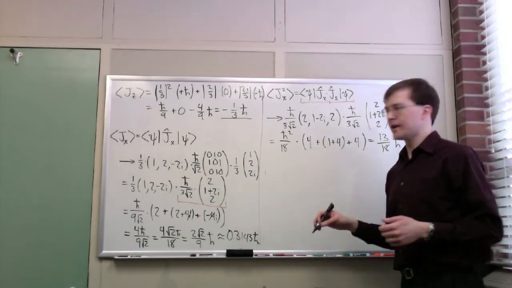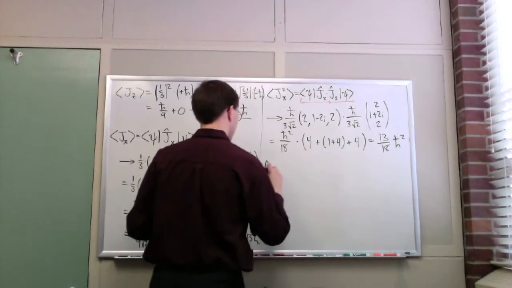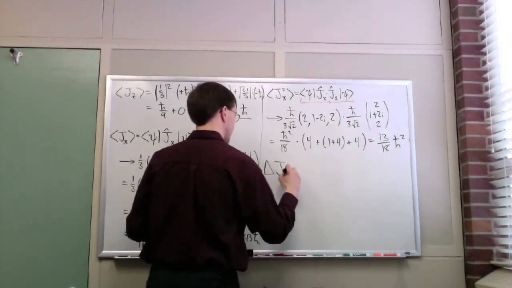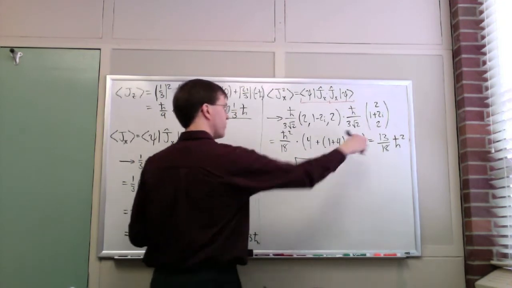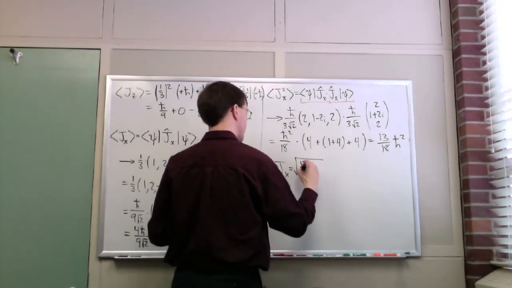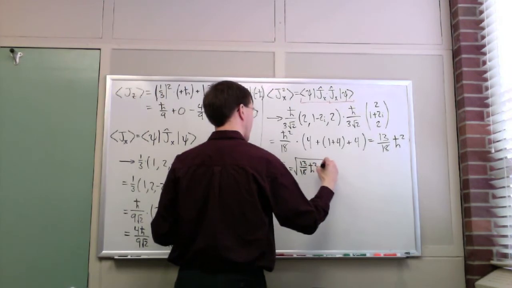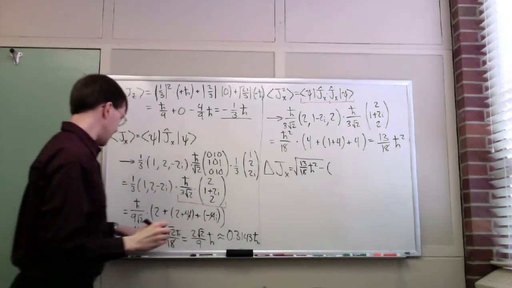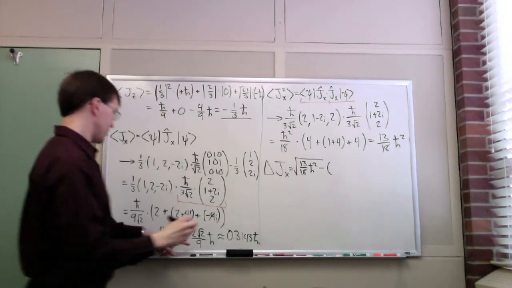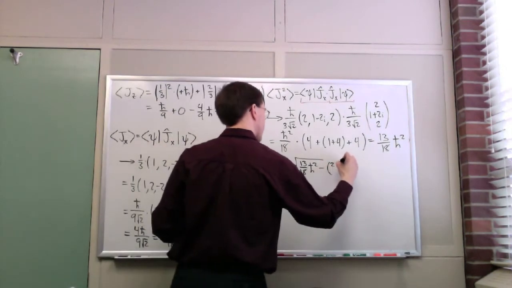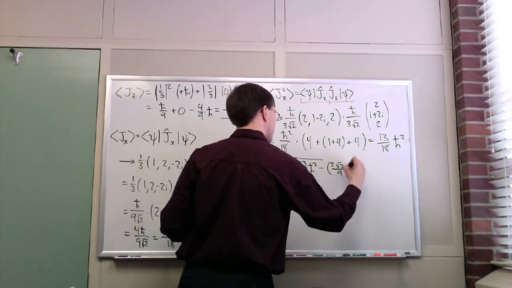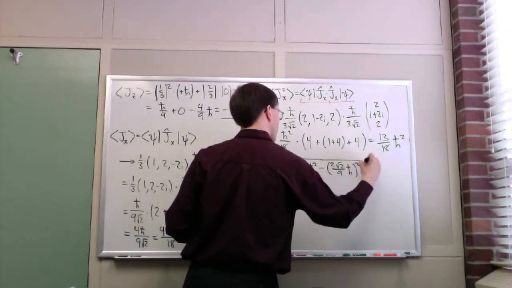So I may as well go ahead and calculate what delta Jx is. It's the square root of 13/18 h bar squared, minus this expectation value squared, 2 square root of 2 over 9 h bar, quantity squared.